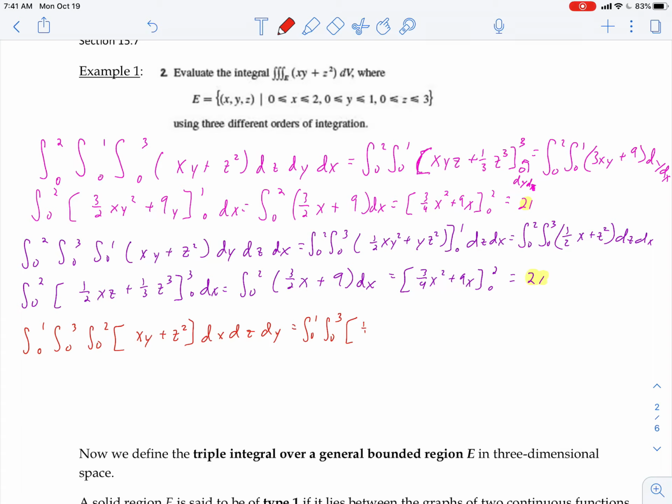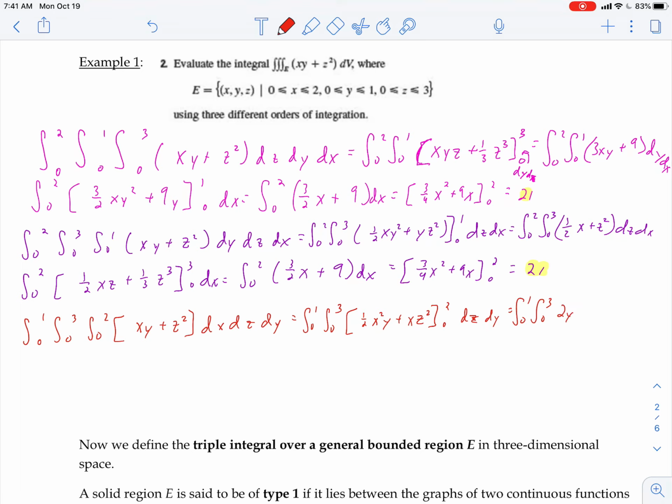So 0 to 1, 0 to 3, 1/2 x squared y plus xz squared, 0 to 2, dz dy. Plug in 2: 2y plus 2z squared, dz dy.